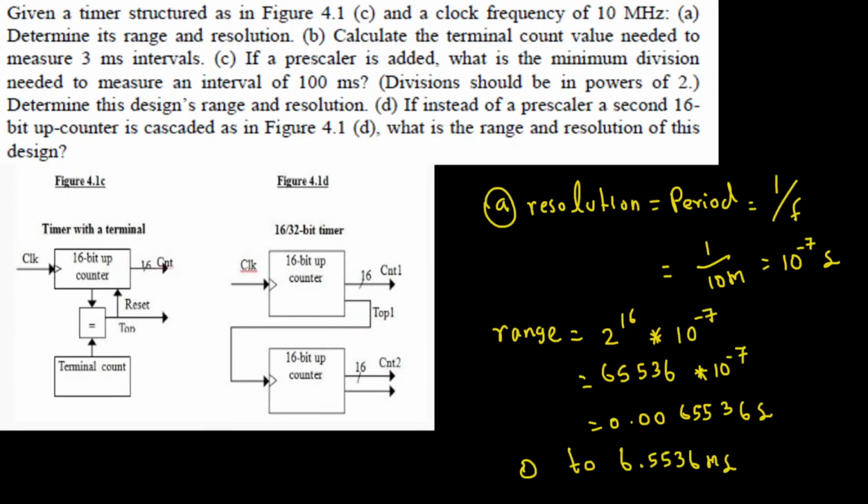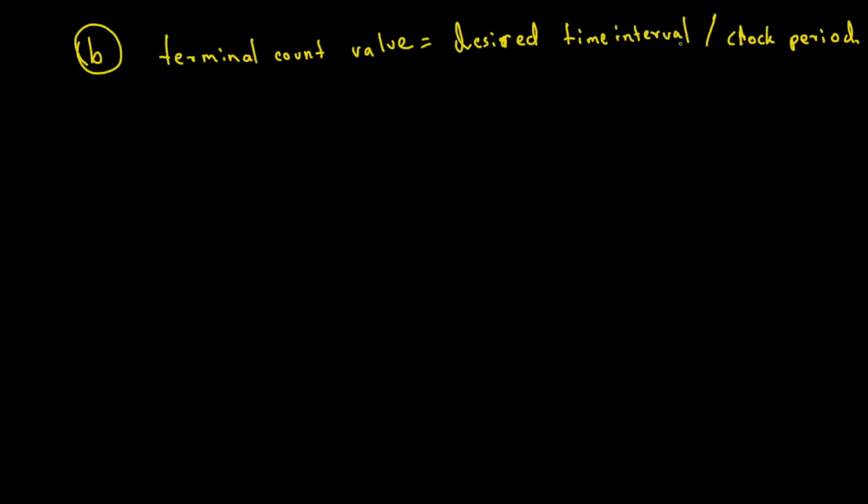They have mentioned that we need to measure 3 millisecond intervals, and the period is also known, that is 10 to the power minus 7 second. So we have both values. 3 times 10 to the power minus 3, that's 3 milliseconds, divided by the period, which is 10 to the power minus 7. If the 10 to the power minus 7 goes to the top, it becomes plus 7, and this becomes plus 4 because 7 minus 3 is 4. So we get 3 times 10 to the power 4, which can be expressed as 30,000.